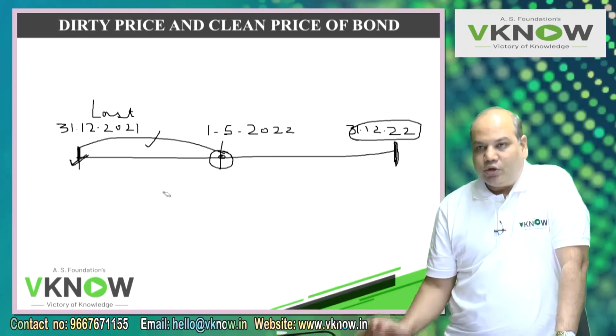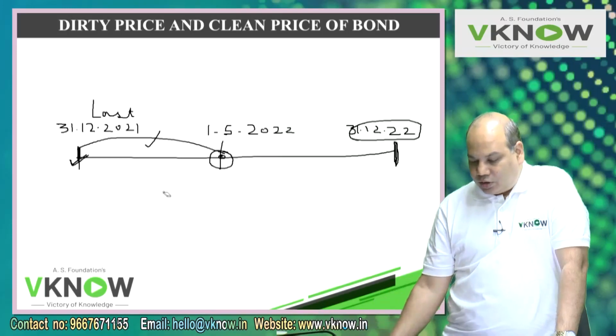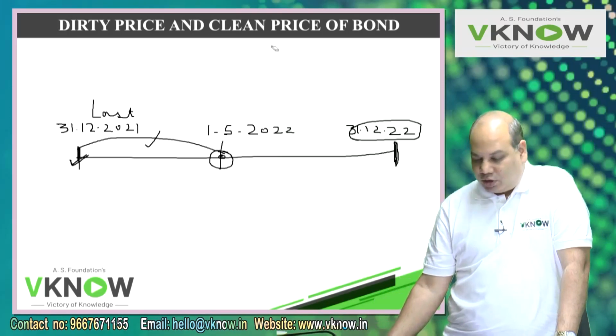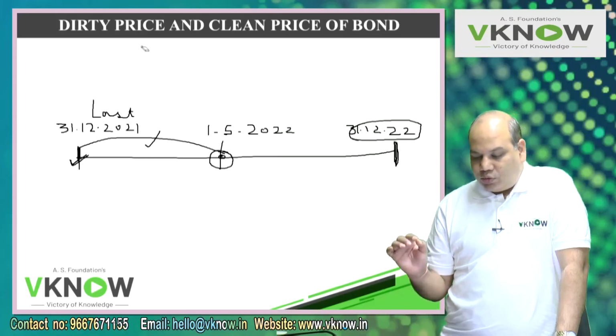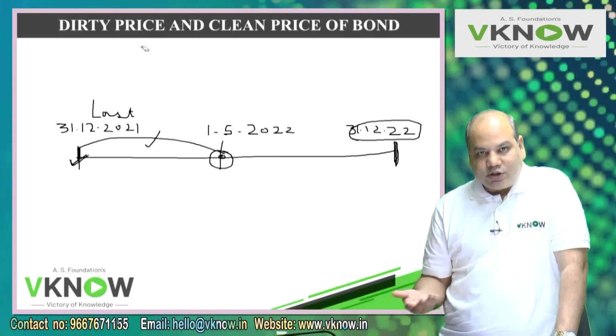Understood? Now in this chapter, ex interest price is called clean price and cum interest price is called dirty price. So in some questions they may use the term cum interest price, which is dirty price in our notes, and if they use the term ex interest price, it is clean price.